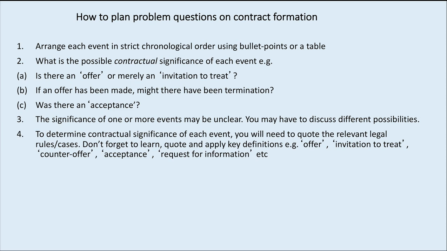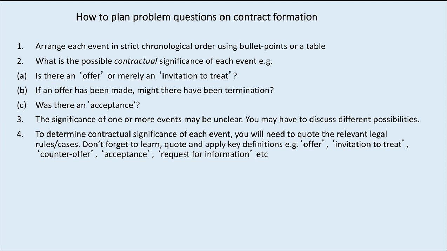Also, don't forget here to learn, quote, and apply key definitions such as what is an offer, what's an invitation to treat, what's a counter offer, what's an acceptance, what's a request for information. These key definitions are effectively legal rules, and you can use them to help you predict the likely, as I say, contractual significance of each event as you go through your list.